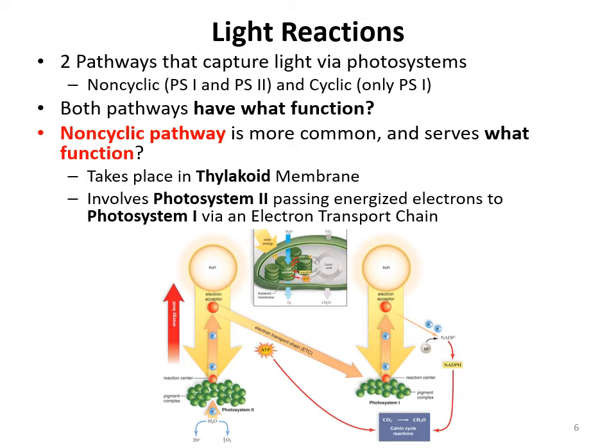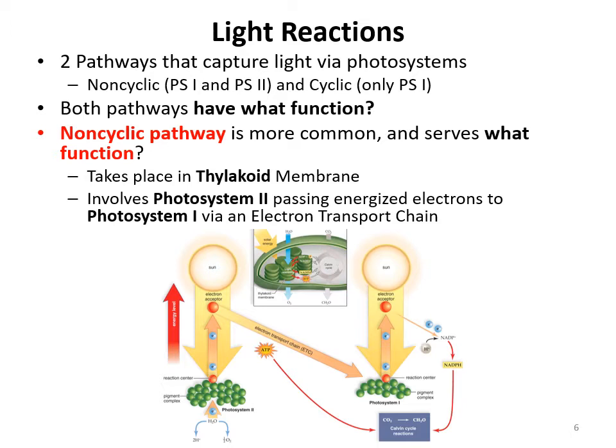Okay? Now, when you see these different light reactions, when you see non-cyclic, I want you to circle the N of non-cyclic and remind yourself that this one is for production of NADPH, okay? So circle the N of non-cyclic pathway to remind yourself of production of NADPH.